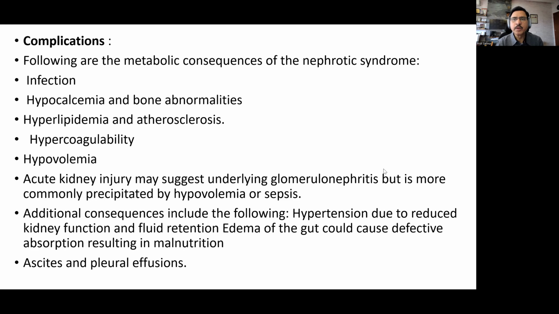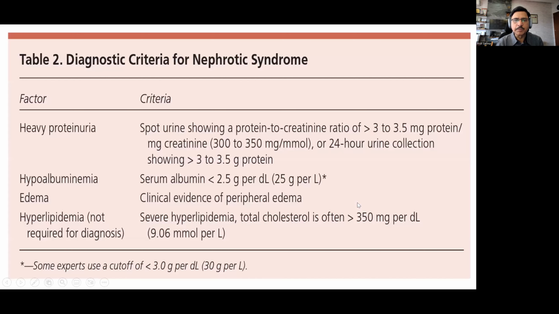Okay. Now, see the next slide. These tables are from the other article, a very nice article. Diagnostic criteria for nephrotic syndrome. There is heavy proteinuria, in which 24-hour urine protein is more than 3 to 3.5 grams.